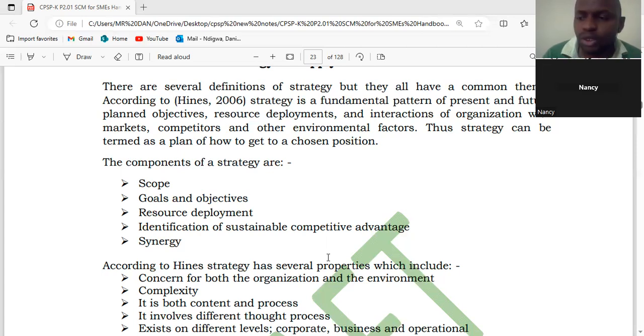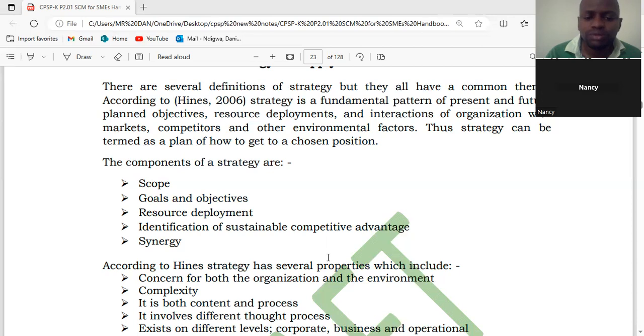We can also look at the human resource or human capital, and these are the people who are going to drive your agenda to achieve these goals. Then the last resource is the physical resources.